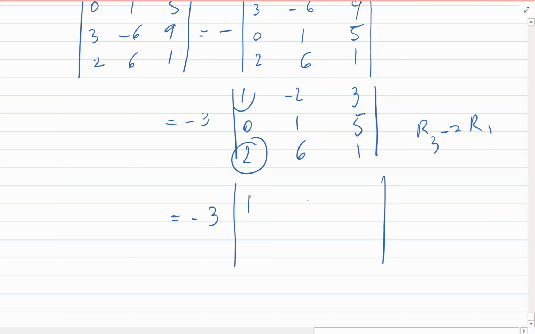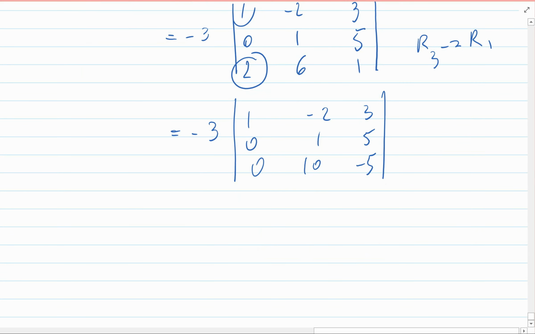So we get 1, minus 2, 3; 0, 1, 5; and then 2 minus 2, 6 minus 2 times minus 2, that will be 10 because it's 6 plus 4, and then 1 minus 6, minus 5. Here I can still take, for example, R3 minus 10 R2.